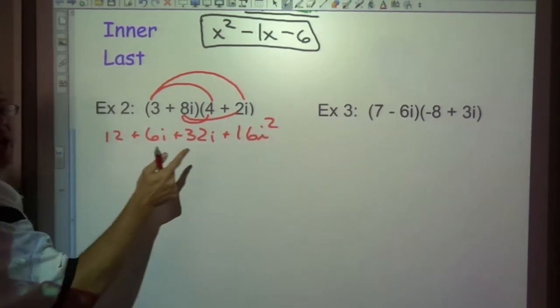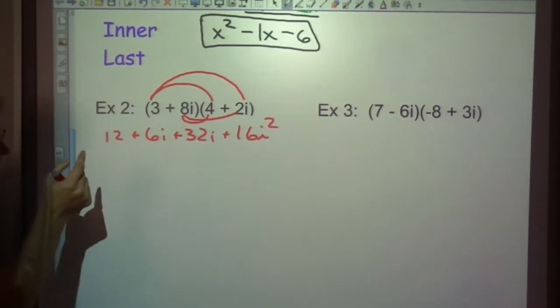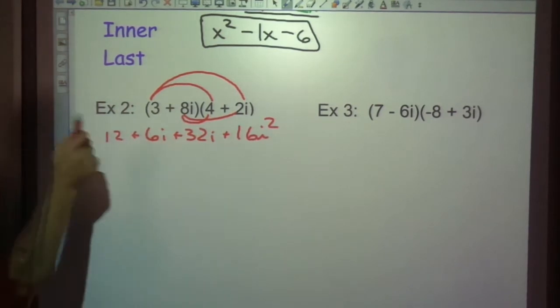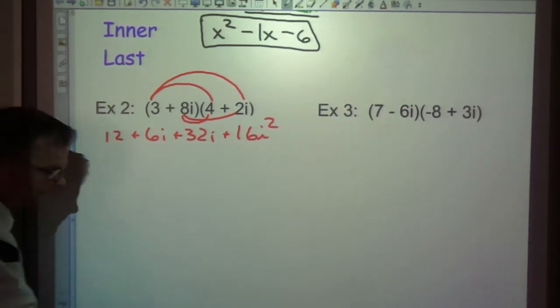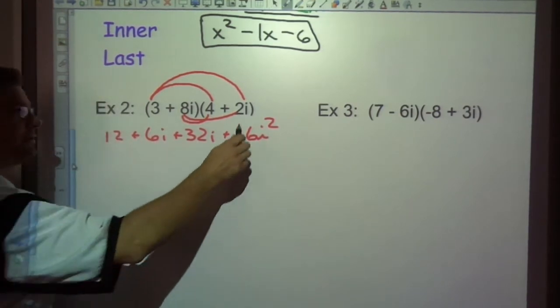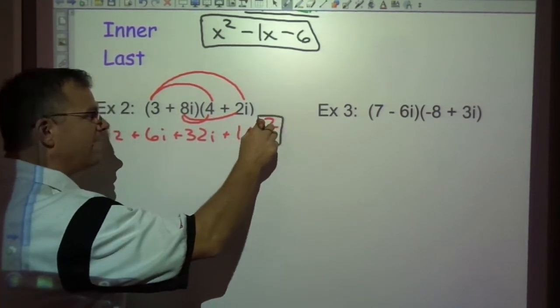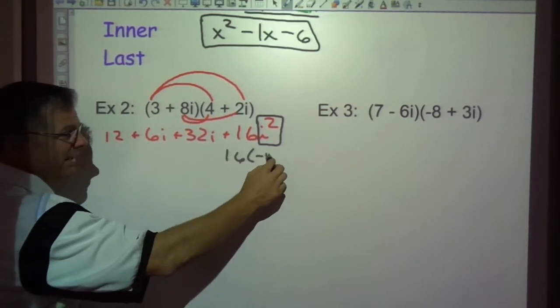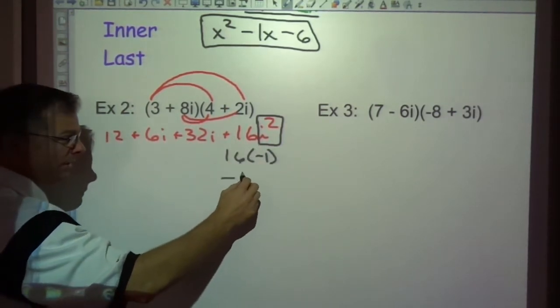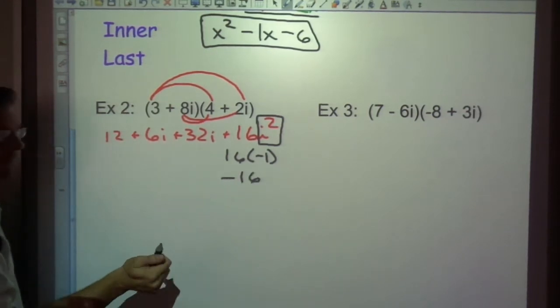And here, when you see i squared, there should be an alarm going off, ding, ding, ding, in your head, because that's very important. We know that i squared is -1. So when this happens, remember that this is -1. So really, we have 16 times -1, which is just the number -16.